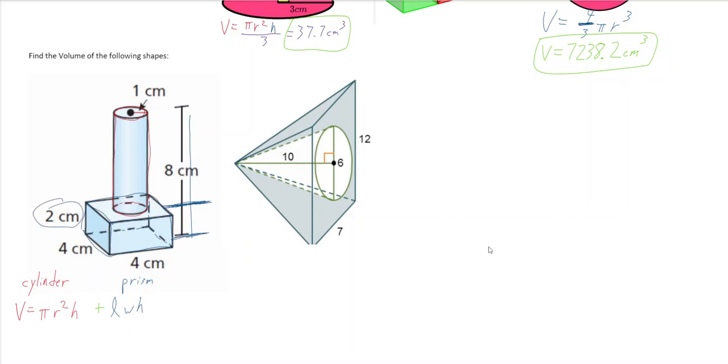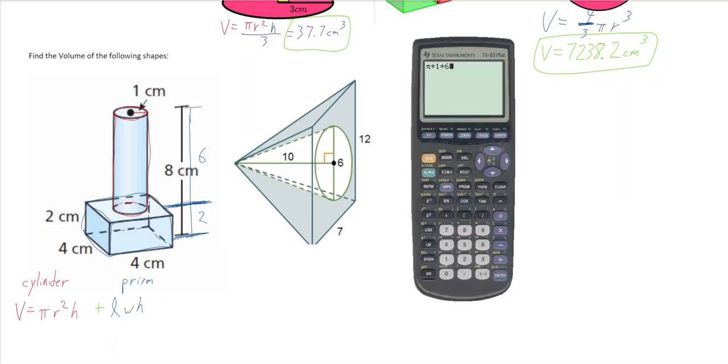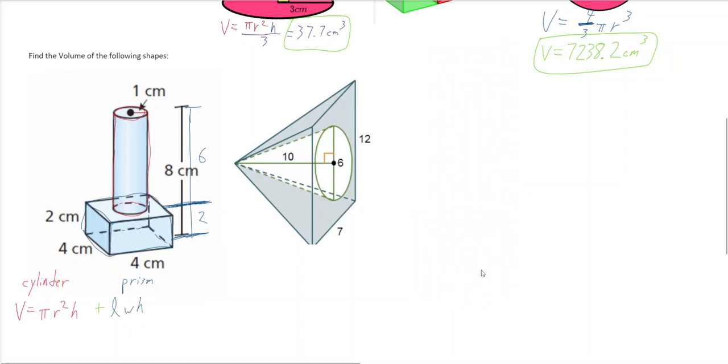I looked over here and I saw that this is 2, which means this is 6. So anyways, should be 1 squared, I guess, but that doesn't really make a difference. And then plus length times width times height, so 2 times 4 times 4. And so we get a volume of 50.8.